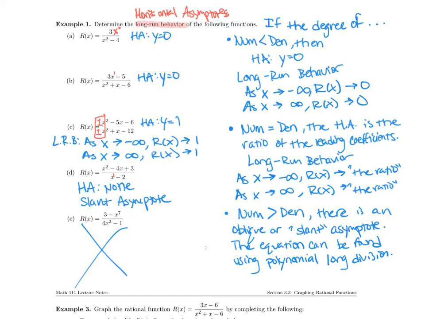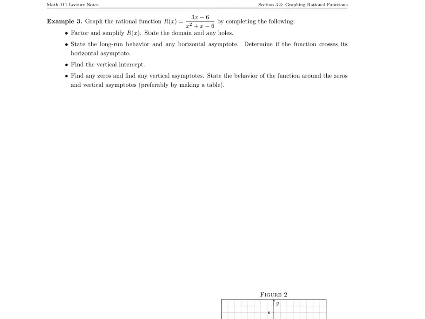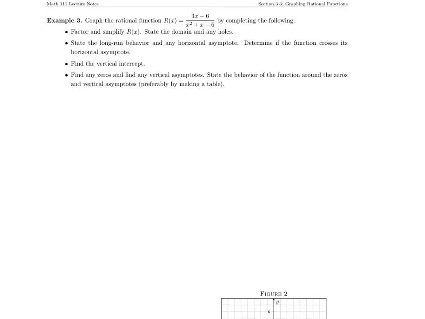If we take a look at example 3, it's going to ask us to do a lot of things. We have our r of x already stated, and we need to factor and simplify, state the domain and any holes, find the long run behavior, any horizontal asymptotes, and determine if it crosses the horizontal asymptote, which is something new we'll be talking about.